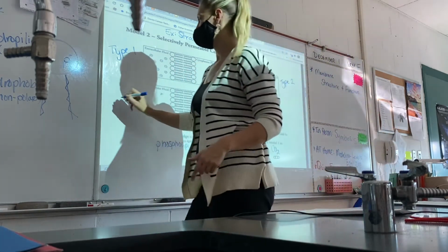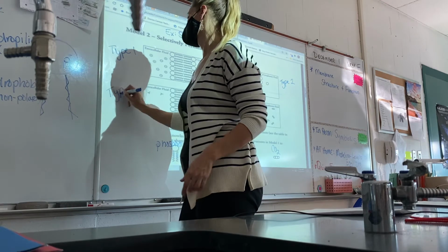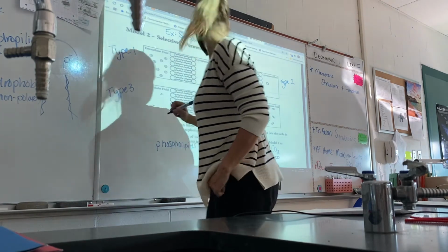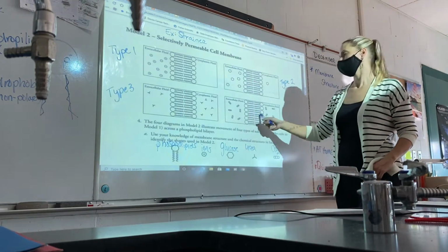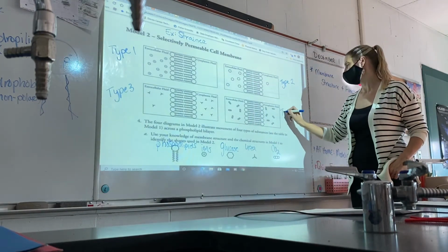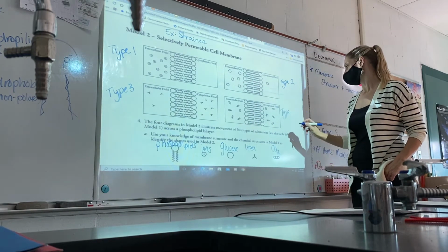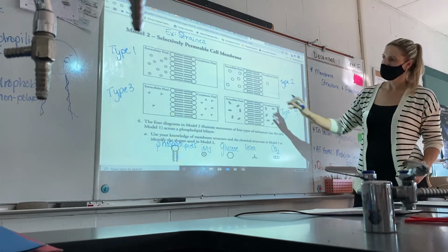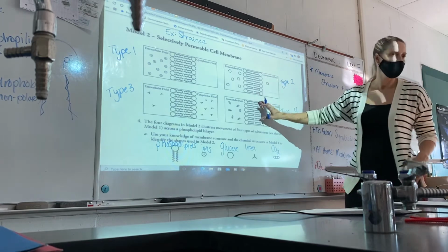Urea fell into type 3, which was small and polar. And then this one's going to be type 4. Carbon dioxide was nonpolar and small. Okay? So we're diagramming each one of those 4 scenarios.